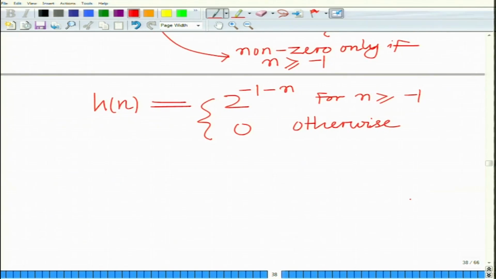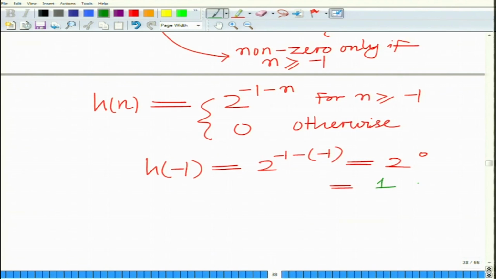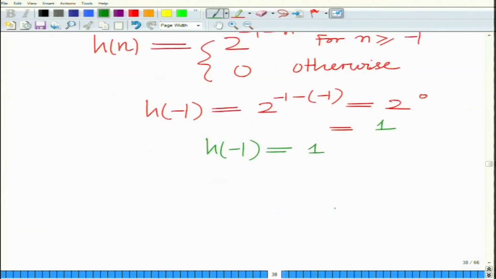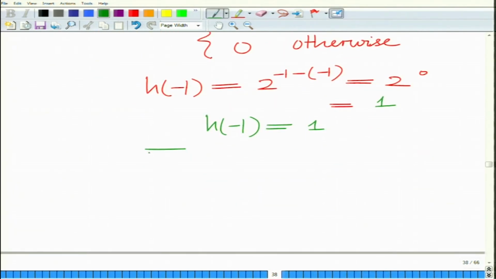Now, if you look at h of minus 1, h of minus 1 equals 2 raised to minus 1 minus minus 1, equals 2 raised to 0, which is equal to 1. So, h of minus 1 is equal to 1, which means h of n is not 0.